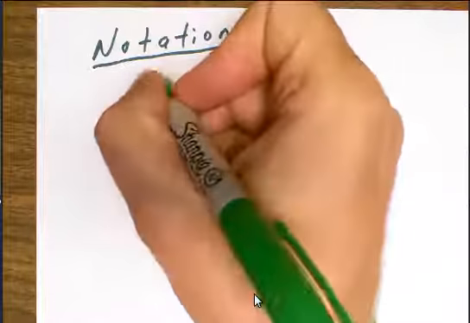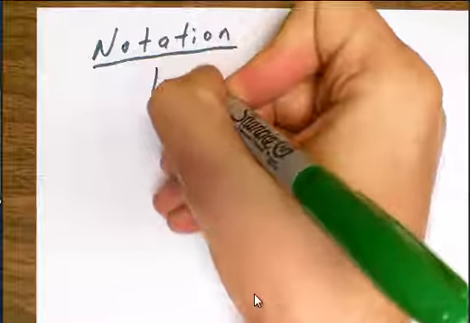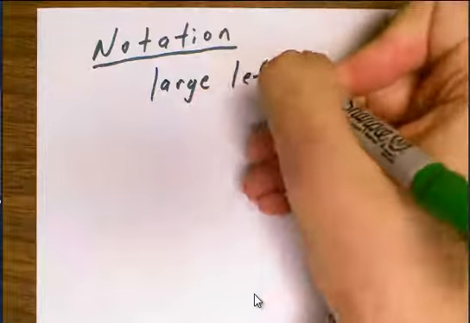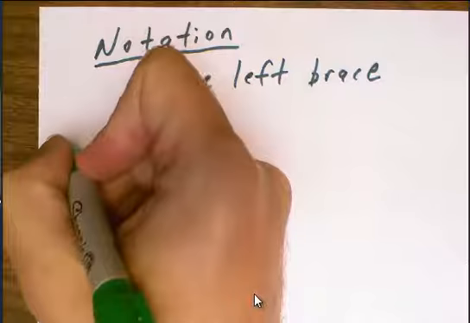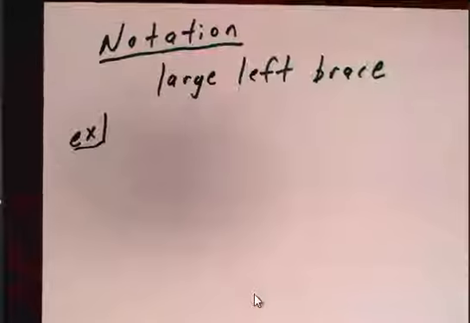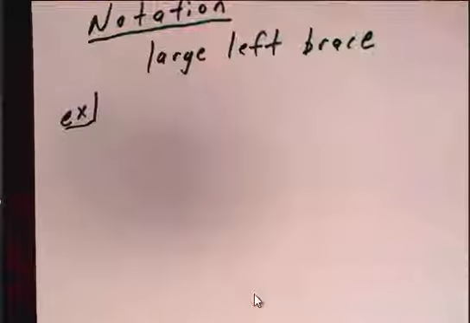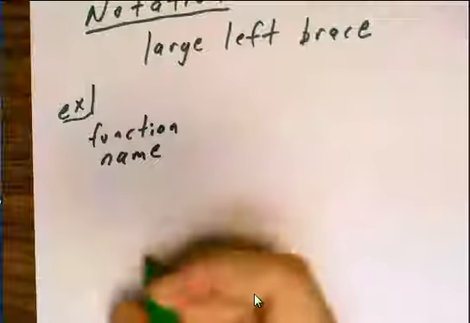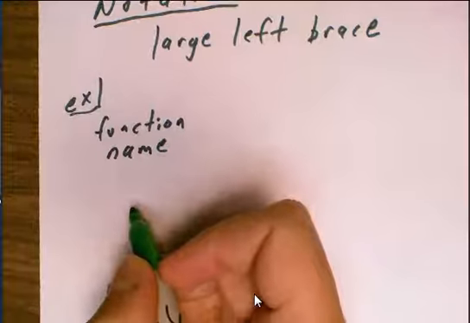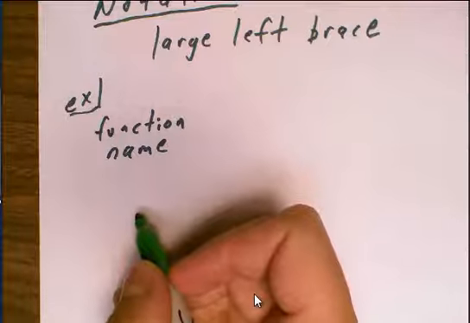What we have is a large left brace. It'll look something like this. I'll just do an example. We've got the function name, and there we can either call it y or f of x.